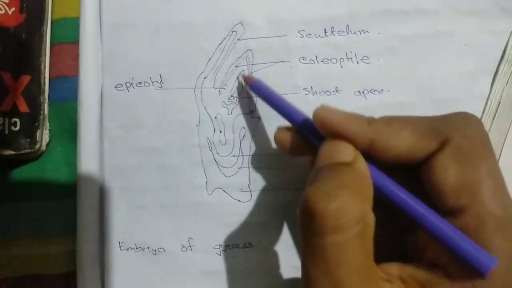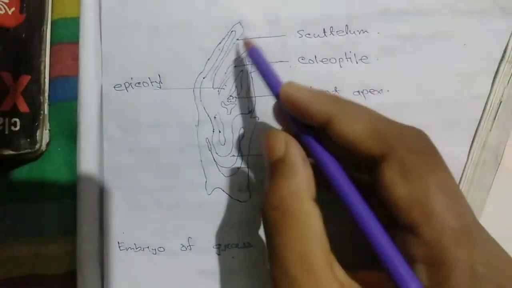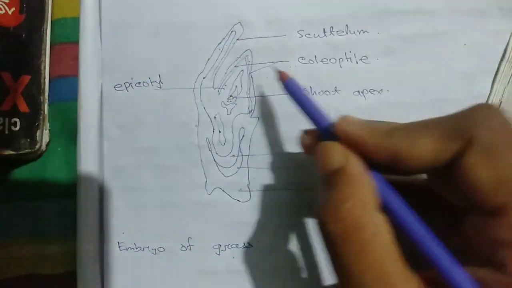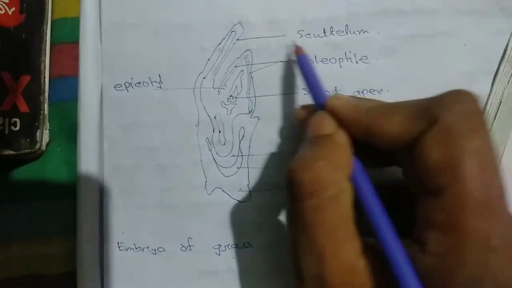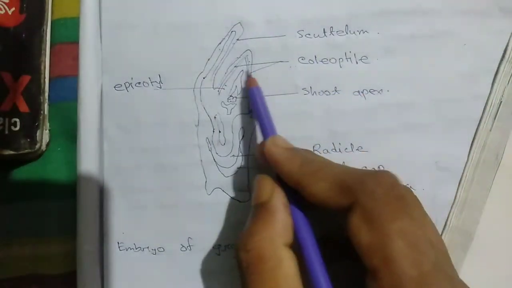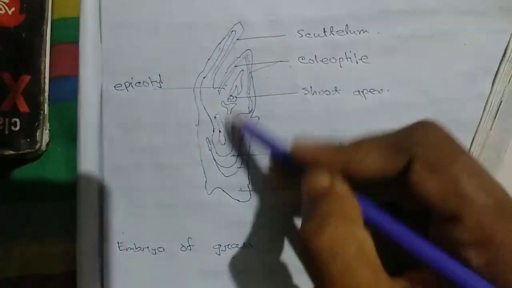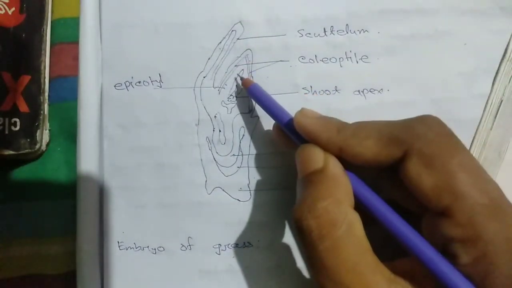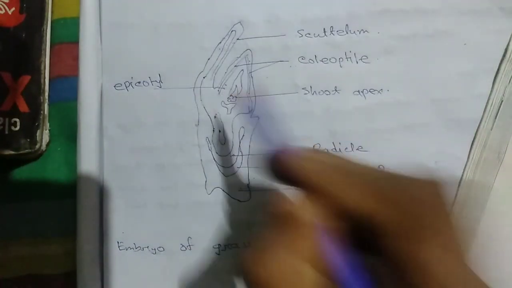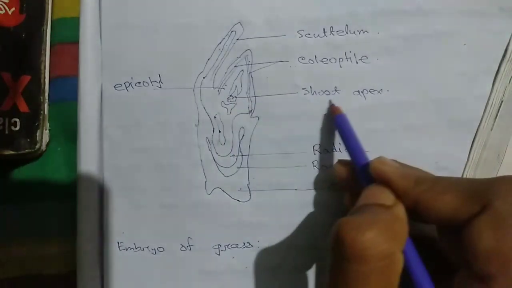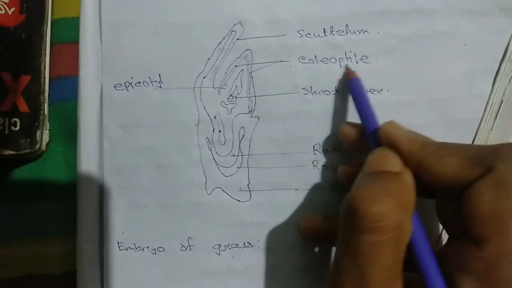This is the axis and the lateral part is known as the scutellum. The whole part is a cotyledon, but in monocots this cotyledon is called the scutellum. The upper part of the axis fused with the scutellum is known as the epicotyl. Here the shoot apex is present, and a leaf-like structure we can see. This is known as the coleoptile.